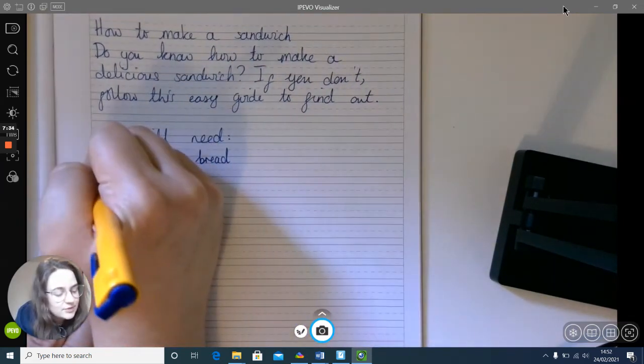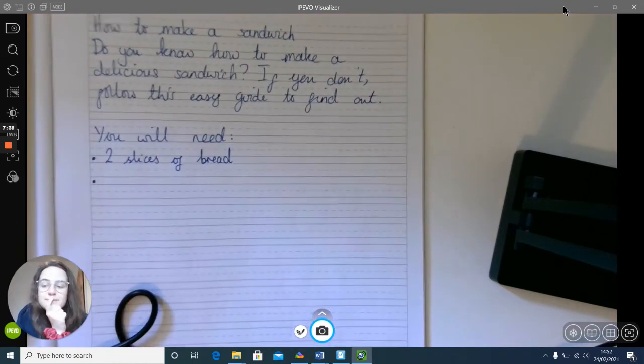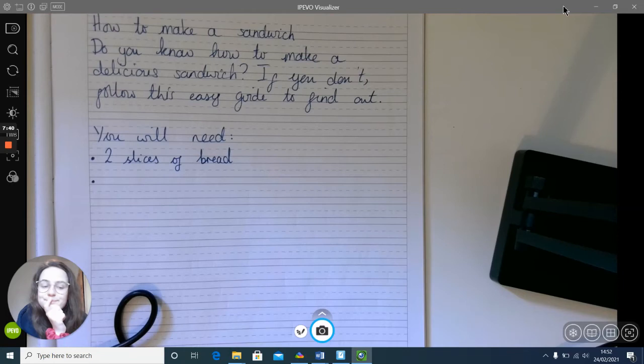What else might I need? I'm going to put my next bullet point here while I think. What's delicious? I might put some peanut butter in my sandwich. So I'm going to think about how much peanut butter I would need.